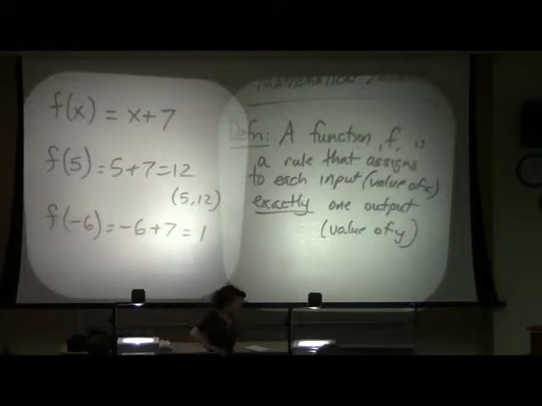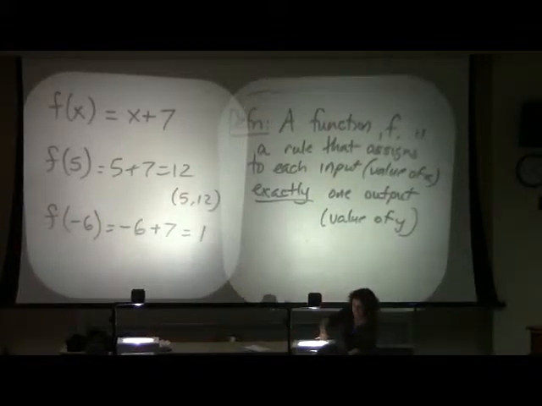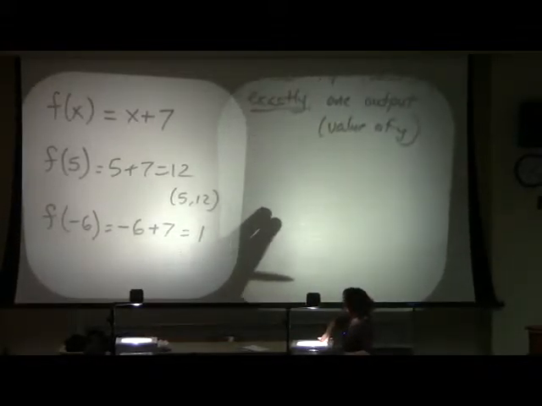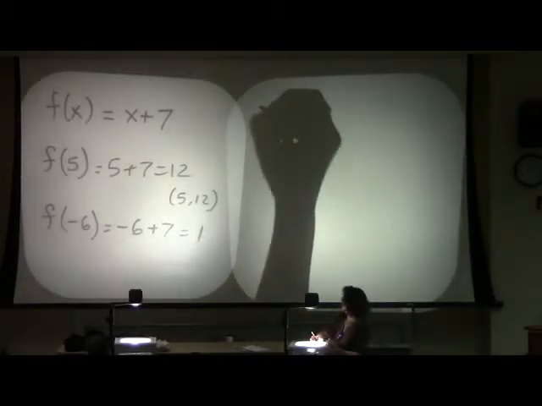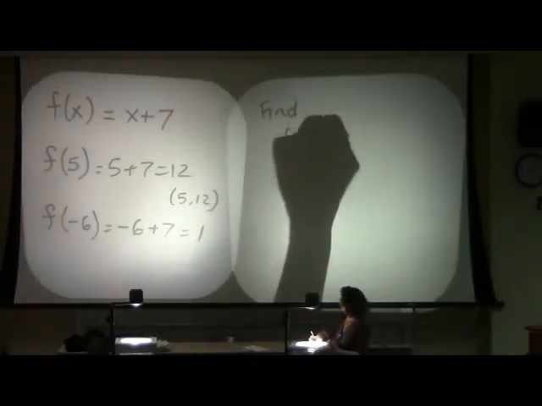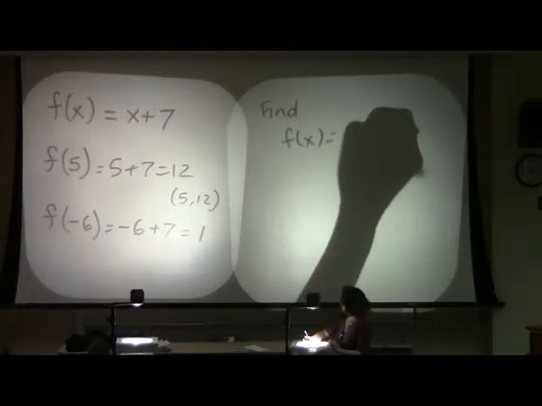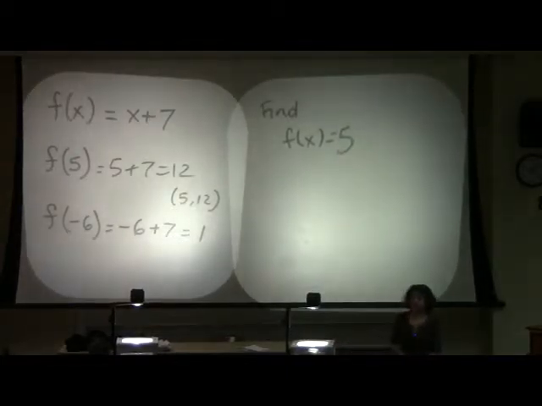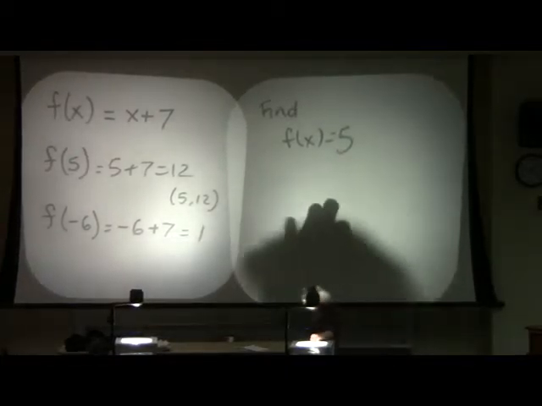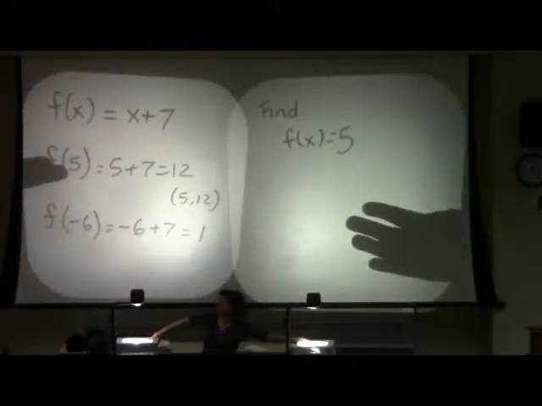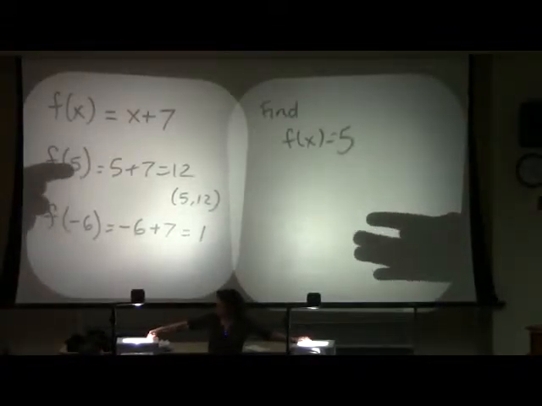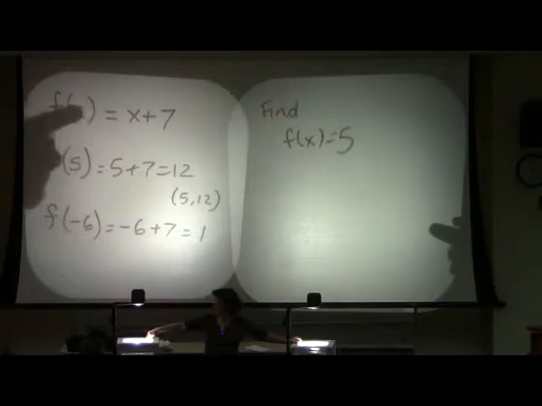Yeah? Now, what I have over there is different than if I ask you to find where f of x is equal to 5. Do you see how this looks different than finding f of 5? Because here what I'm saying is I want to replace x with 5.